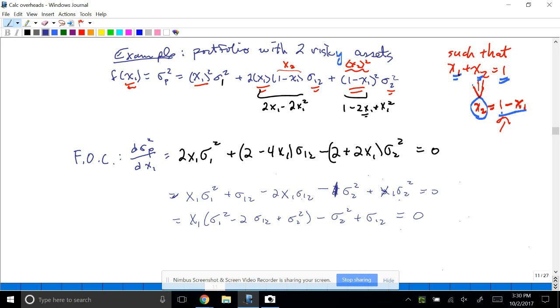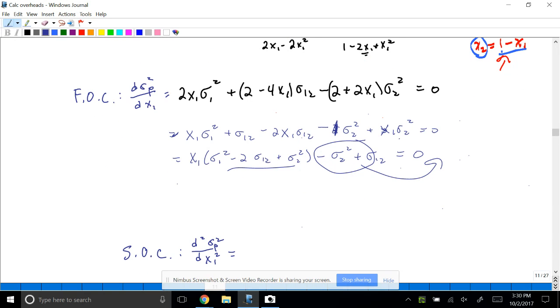All right, we set that equal to 0, bring all this stuff over there, divide both sides by what's in the interior, and what we have is x1, the optimal x1. It's going to be the variance of asset 2 minus the covariance of 1 and 2, divided by this expression that was inside the parentheses.